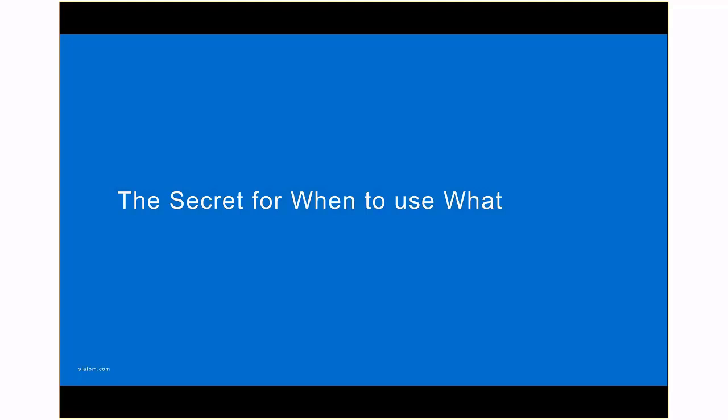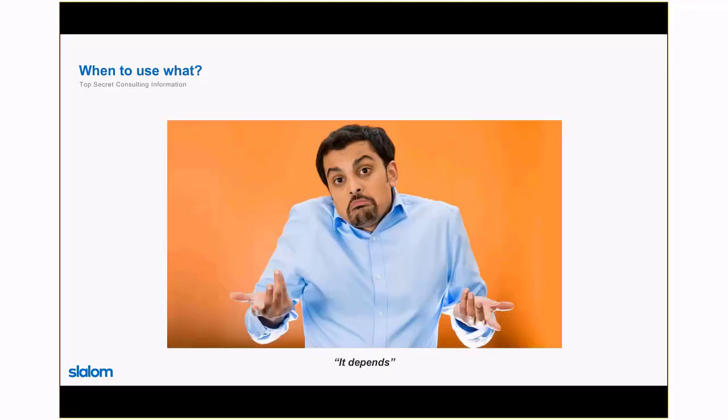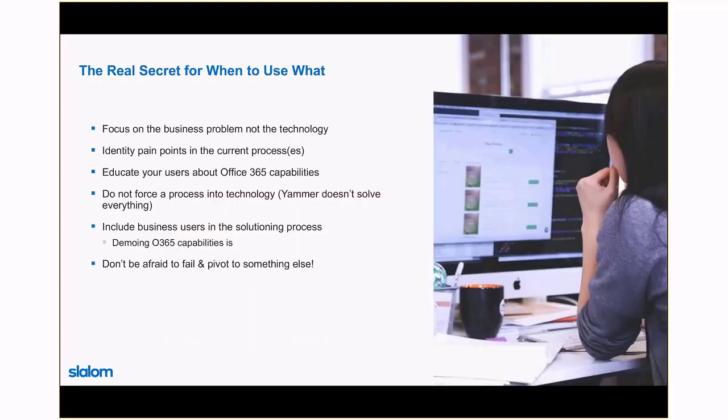Okay, so the top secret: when do you use what? It's kind of a funny joke, but it depends. The reality is that there's no solid silver bullet to address when to use what. The real secret is to focus on the business problem, not the technology.